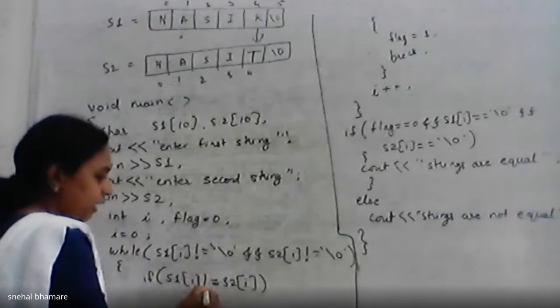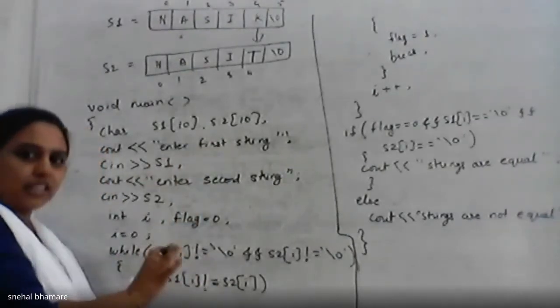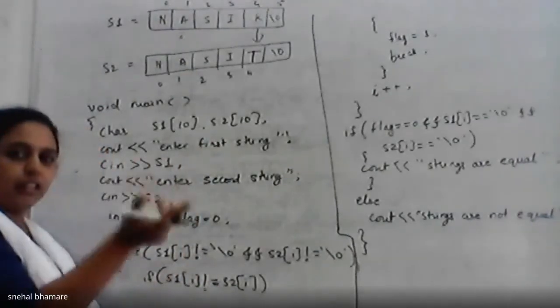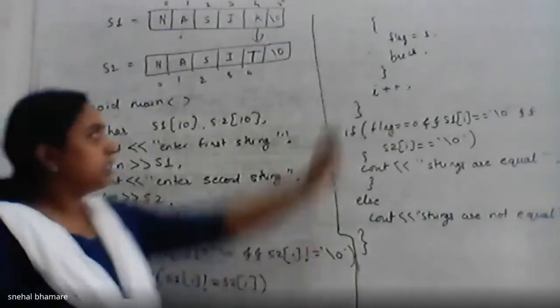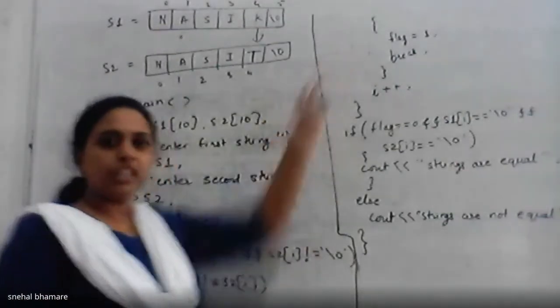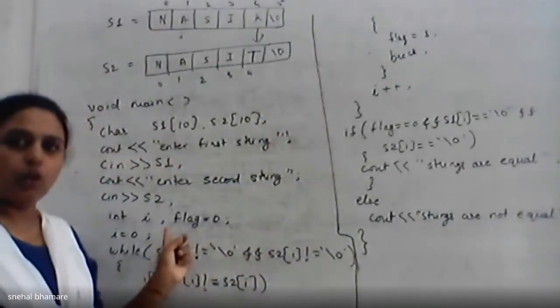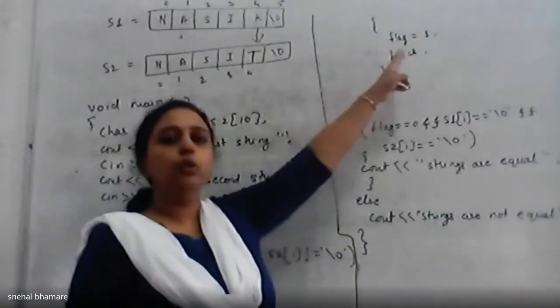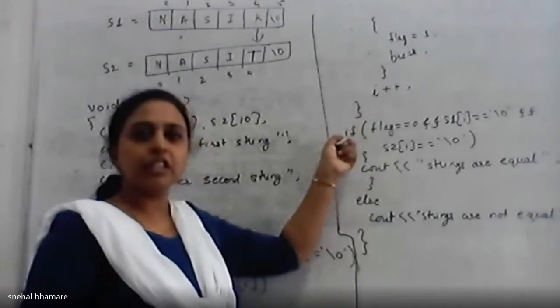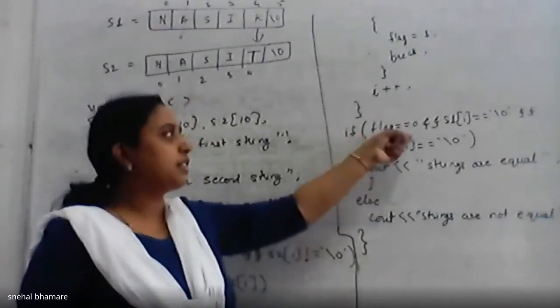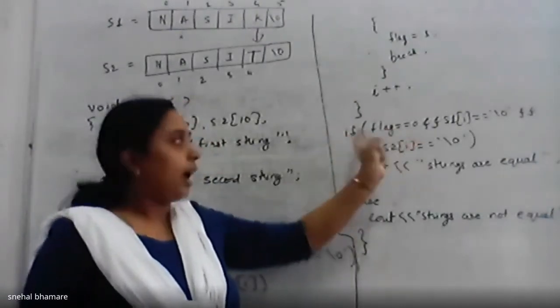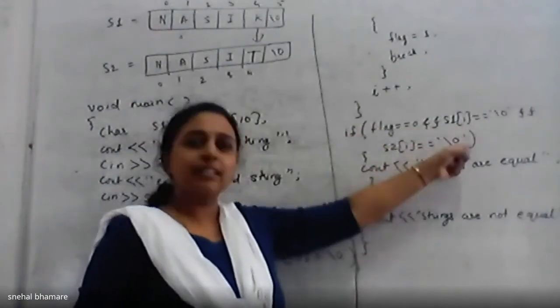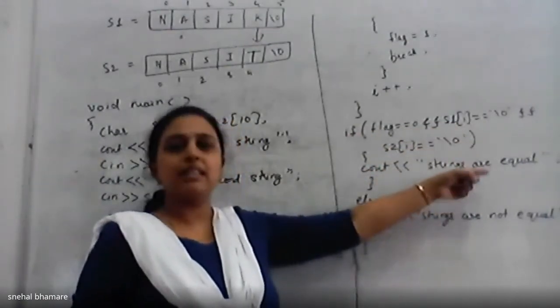That means if any of the characters is not going to match with the character in the second string, we will change the value of flag. Initially flag was set to 0, and if any of the characters is not matching, we will change the value of flag to 1. And in this if condition, we are checking that if flag is equal to 0 and both the lengths of the strings are the same, then only we will display the message that the strings are equal.